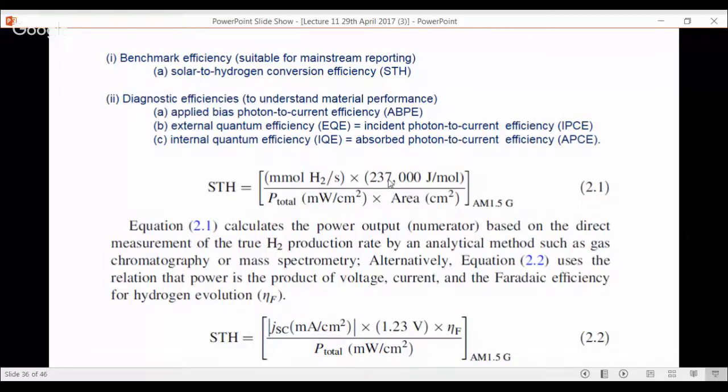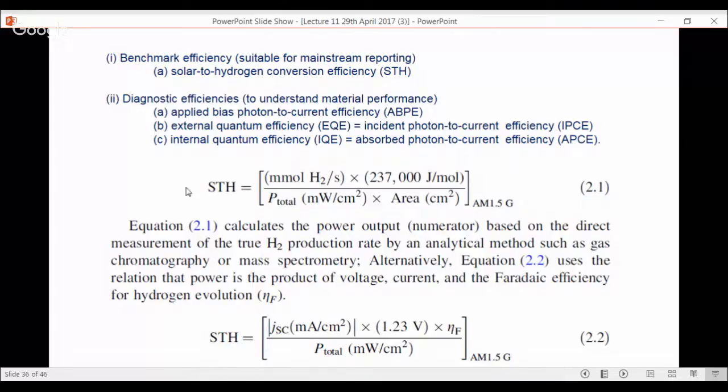This is the decomposition heat involved in the decomposition of water. P total is the so many milliwatts of photons impinging per square centimeter area of the electrode; I multiply by the electrode area, and that will give you the photons absorbed.